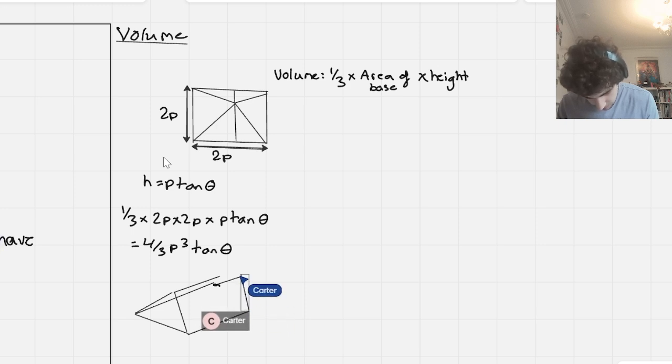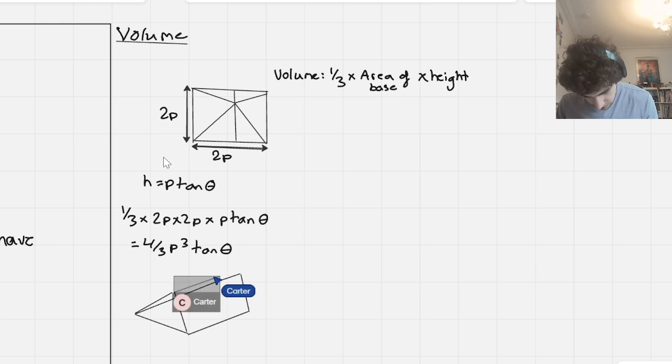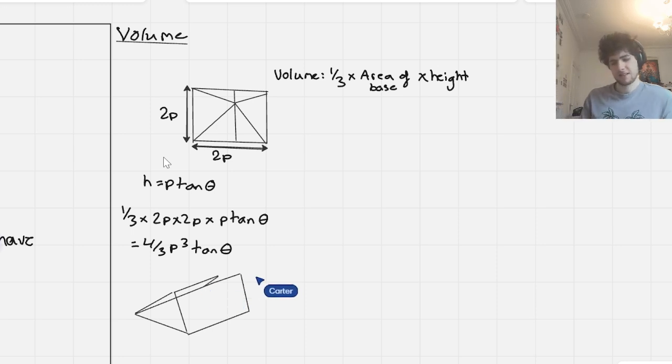Let's see if that works. Oh no, what have I done to that? Then we can extend this over here. Yes, this is what I want to do: extend it over here, and then do another line up there. Is that right? There's something wrong with that.